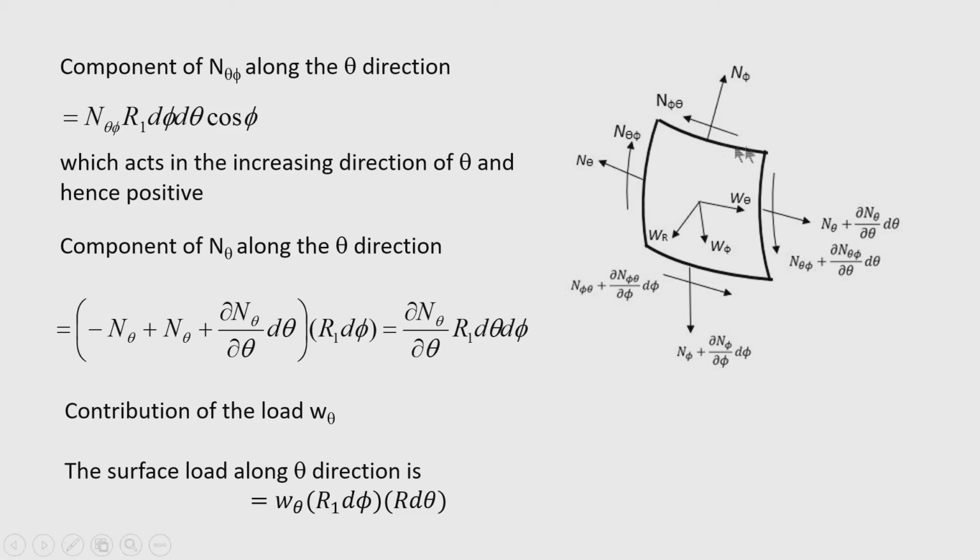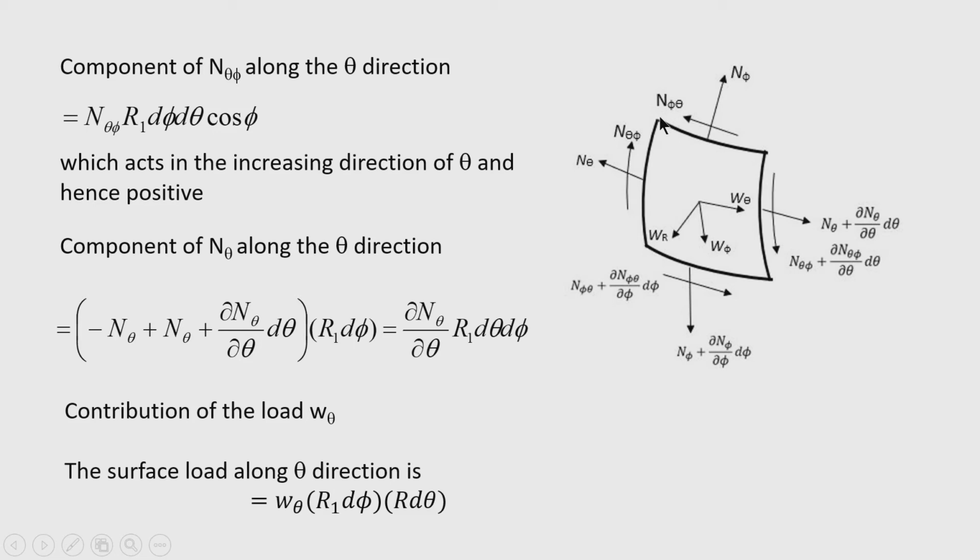If this direction is the positive direction, then n theta plus del n theta by del theta into d theta is one term, and then minus n theta, because this is in the opposite direction.